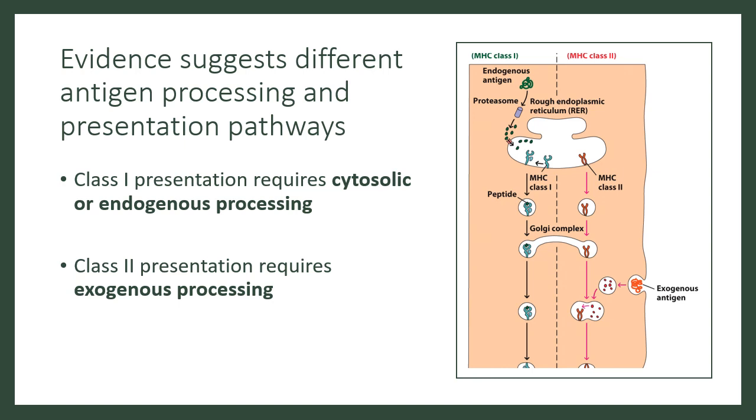Those fragments then get sent into the rough endoplasmic reticulum, and that's where they get associated with class 1 MHC. In cell biology, we do talk about this part. The rough ER is where protein translation occurs: the ribosome docks on the surface of the endoplasmic reticulum and squirts the protein into the lumen. Once it's in the ER, that's where it gets sugars and other things added to it, and then it goes to the Golgi.